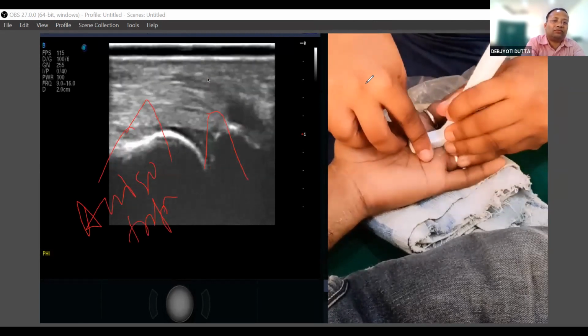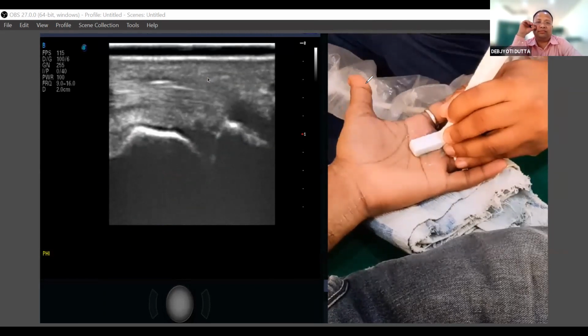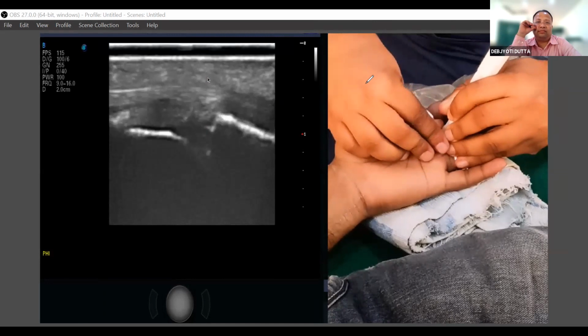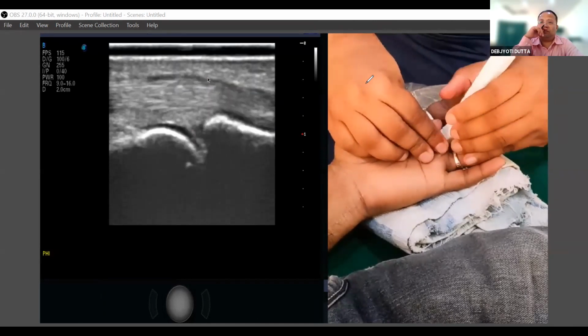Proximal is the left side of the screen. Now we are just over the joint, and here we are able to see the joint and the flexor tendons.